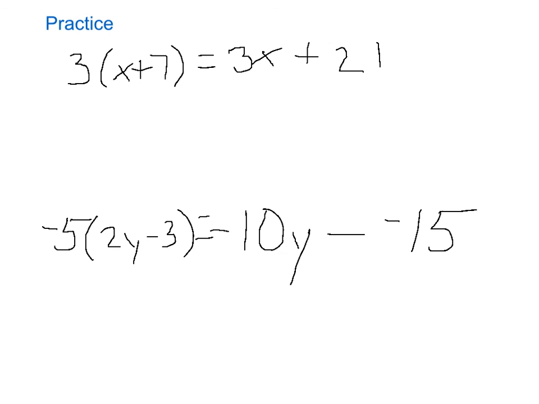What I forgot to add in was I forgot to put my equals in here to make these an equivalent numerical expression. Anyway, now I'm left with negative 10y minus negative 15. Well, I've got rules for adding and subtracting integers, and anytime that I'm subtracting an integer like this, do you remember what your rule is?